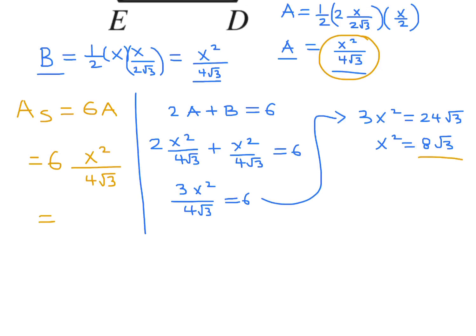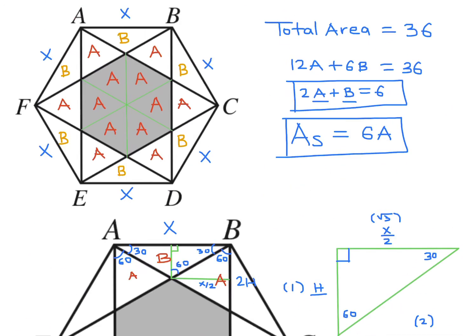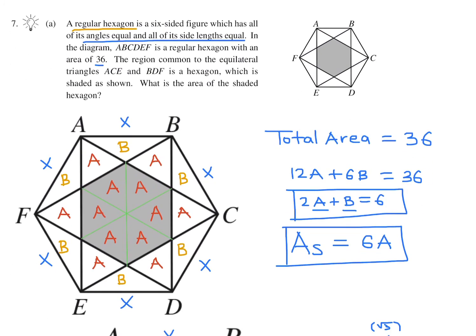X squared we just figured out was 8 root 3, like that. And looks like the root 3's cancel. 8 divided by 4 is 2, so this becomes 6 times 2, which is 12. So the area of that shaded region is 12. This shaded region right here.